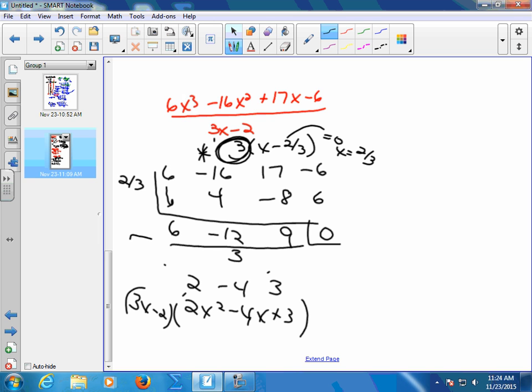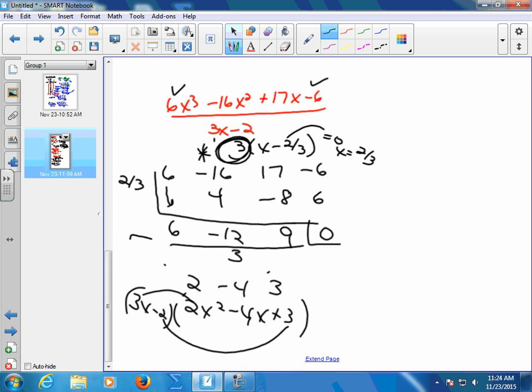Here's the easiest way to check this. Front ones. 3x times 2x is what? 6x cubed. So that's what I wanted, right? Check the last one. -2 times 3 is what? -6.